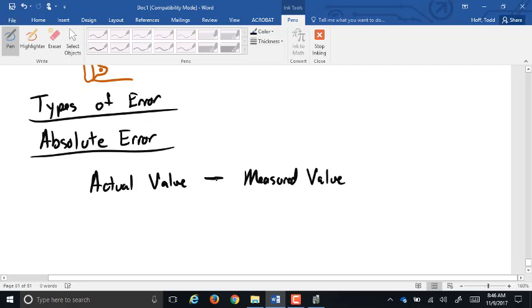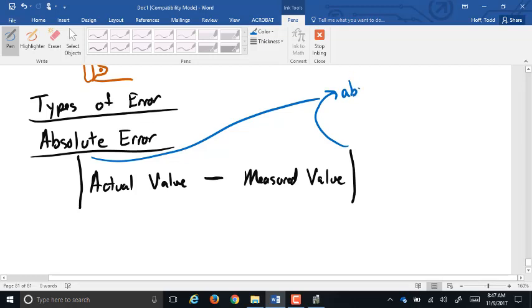Now I'm going to put subtract in here. It's the difference between them, but I'm going to use a new symbol. Those bars that I just put around it, those are called the absolute value symbol.